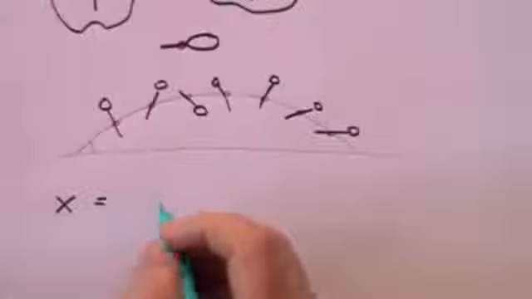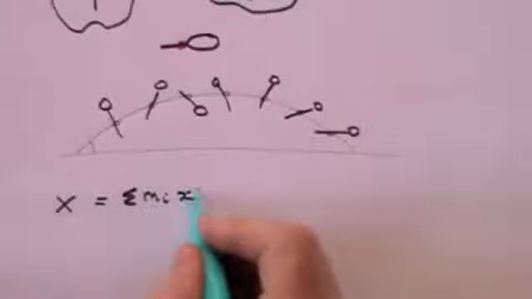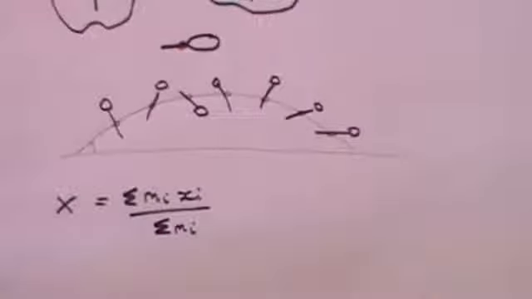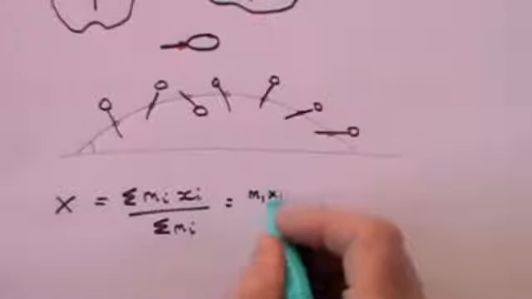Let's just remind ourselves that the distance of the centre of mass from the origin is given by sigma mi xi divided by sigma mi. And that, just to make it absolutely clear, is m1 times x1.